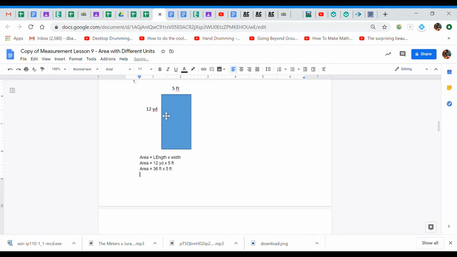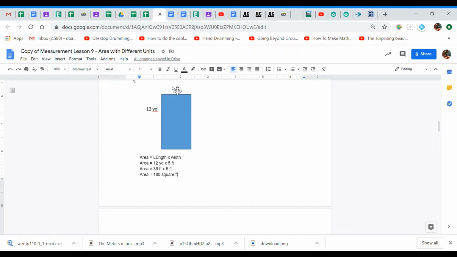Now what I do is multiply to solve. Area, in square feet, equals 36 times 5. 30 times 5 would be 150, and then 6 times 5 is 30. So it's 180 square feet. That's it. Saw different units, converted, and I solved and got the answer I needed.